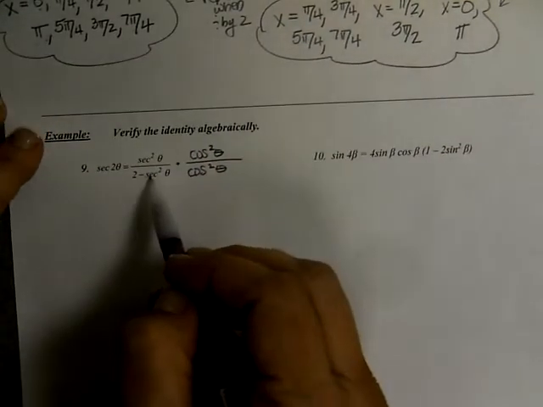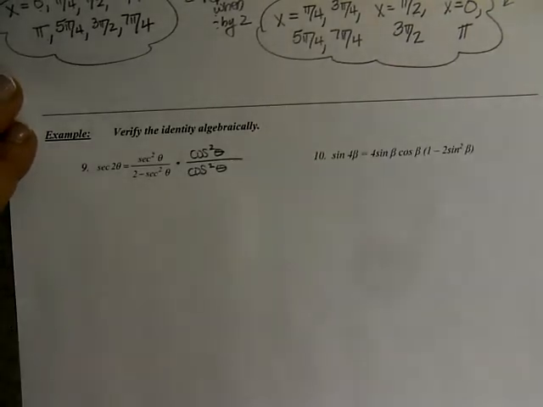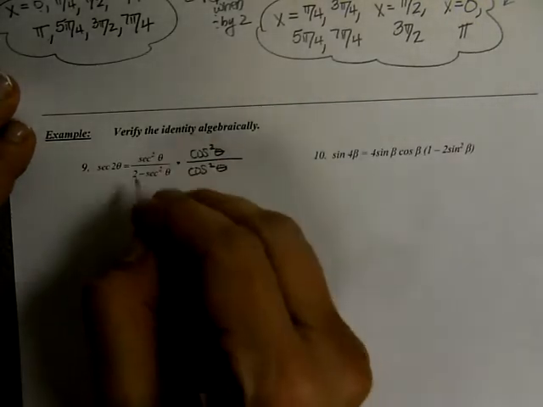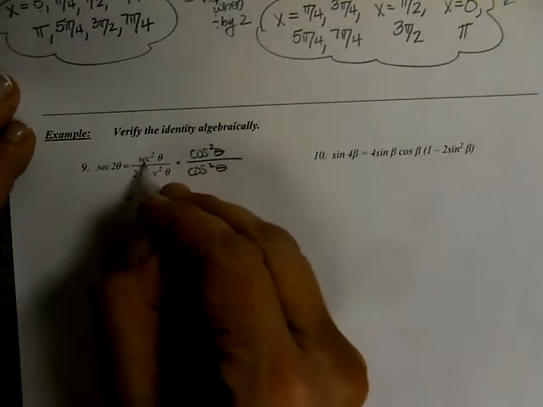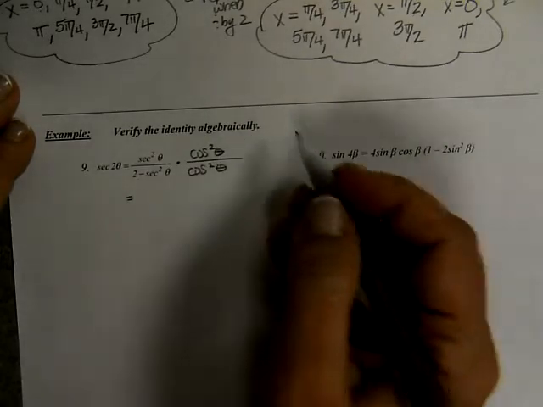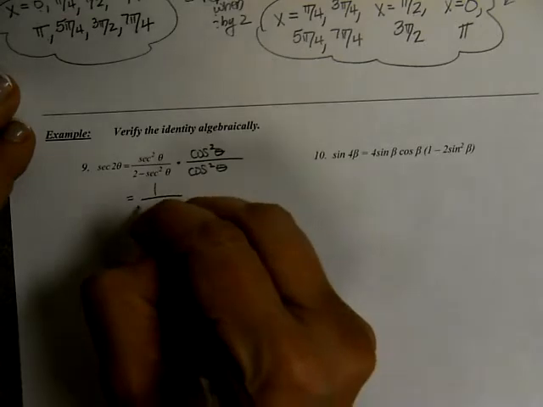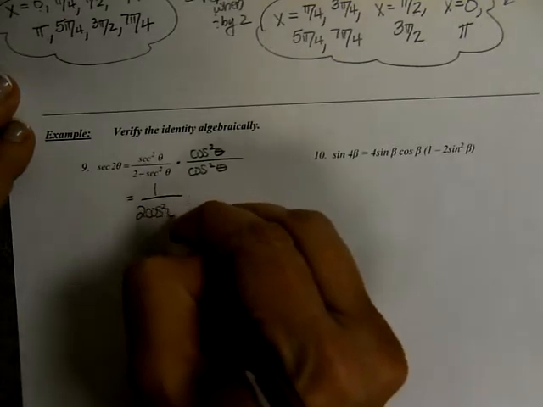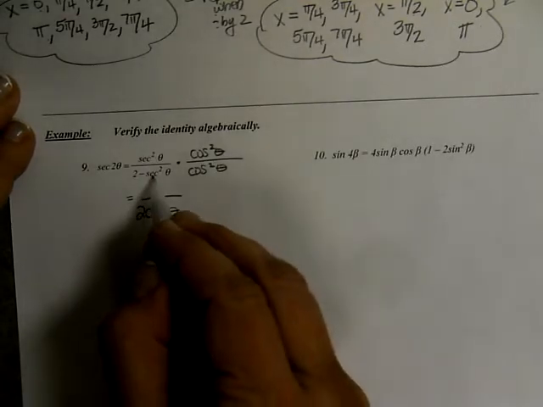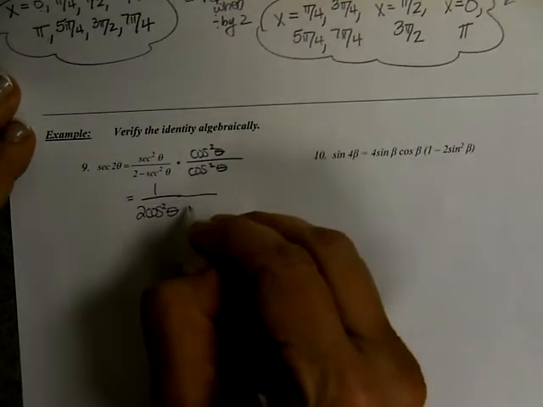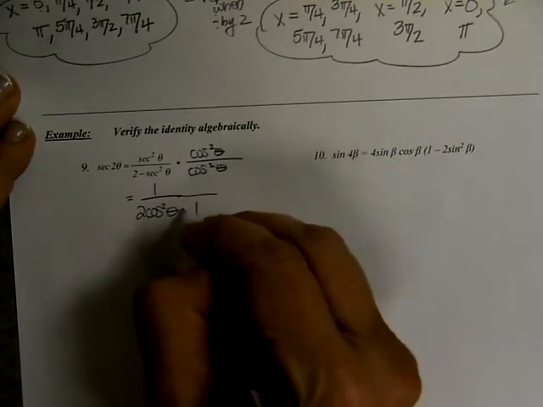What if I start on the right side and I multiply by cosine squared theta over cosine squared theta? What that's going to do is basically the secant squared theta times cosine squared theta just becomes 1. Now this becomes 2 cosine squared theta. And then again, secant squared theta times cosine squared theta is 1.